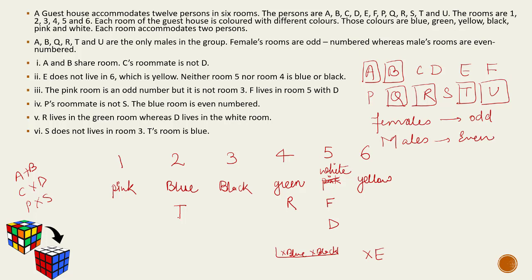So the only possibility left is that A and B would be in room number 6. Now this point: P does not live with S, and also S does not live in room number 3. So that means S goes to room number 1 and P goes to room number 3.